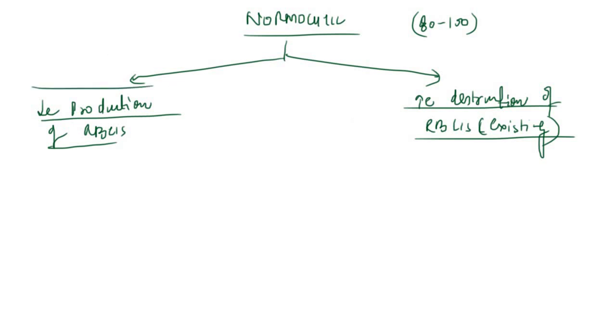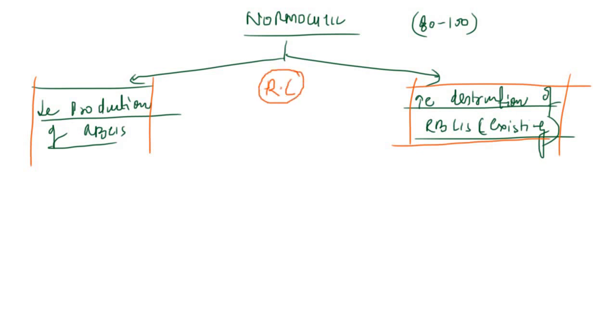Now, there is an important thing that is helpful in differentiating the causes of normocytic anemias, that is the reticulocyte count. Now what is reticulocyte count? Reticulocytes are actually the immature RBCs which are produced by the bone marrow and thrown into the blood.